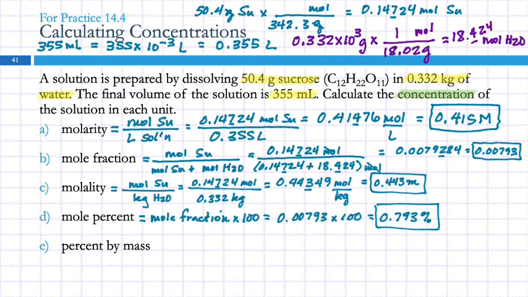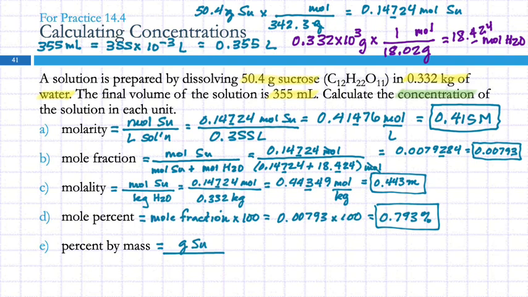Well, mole percent was the moles of one part divided by the moles of the whole thing. So percent by mass is the mass of the solute, so the mass of sucrose, divided by the mass of the solution.